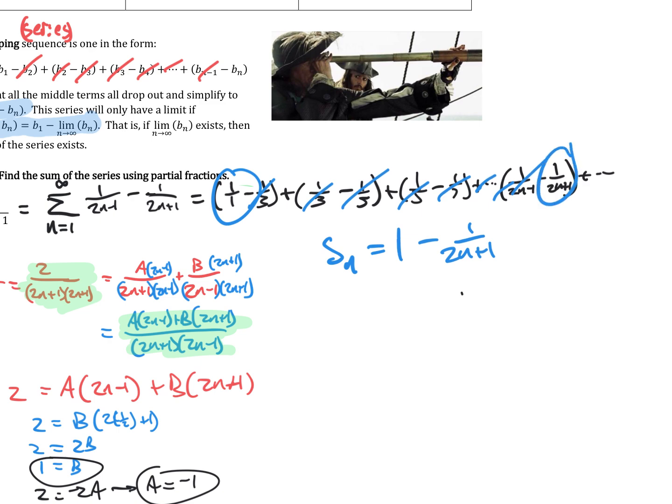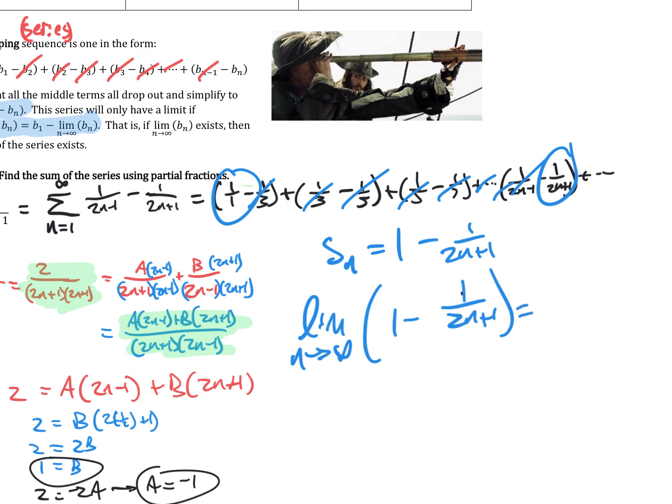So the question is, will this converge? It will converge if this converges, which it does. We can actually find the limit. It's an easy one here: the limit of 1 minus 1 over 2n plus 1 as n goes to infinity. As n goes to infinity, 2n plus 1 goes to infinity, and so we have 1 over a very large number, so this goes to 0.